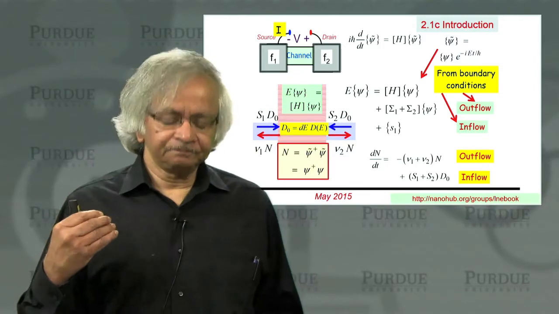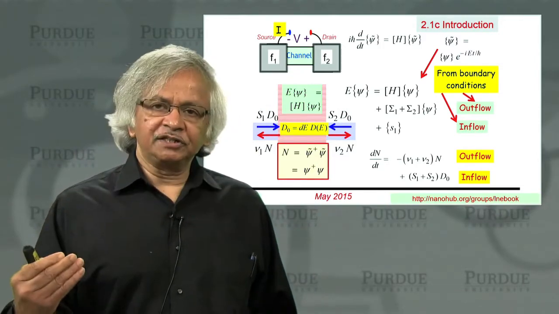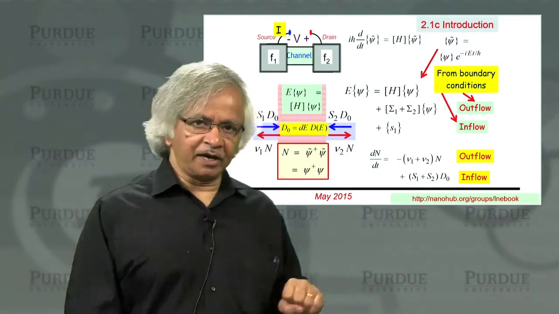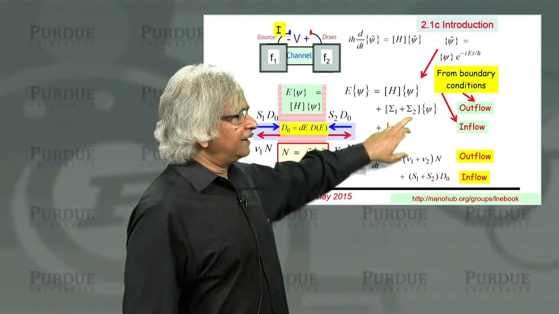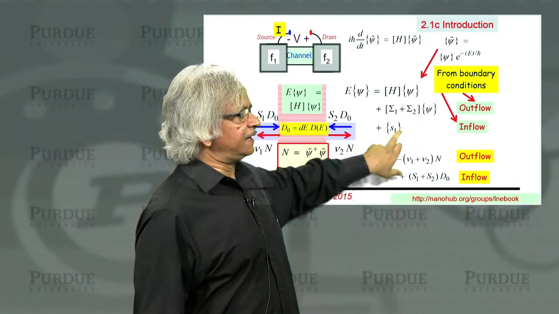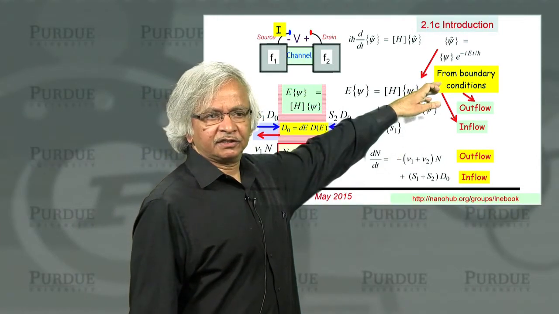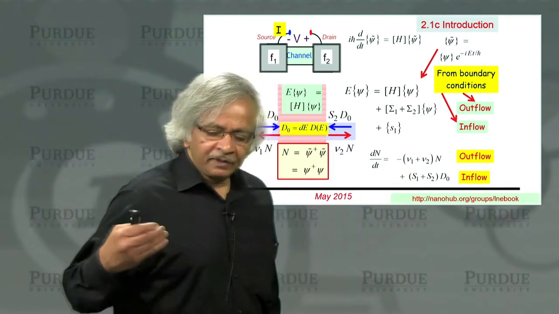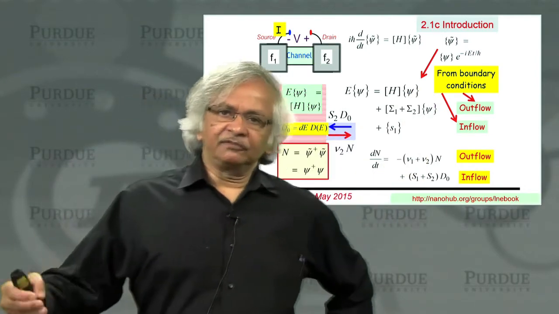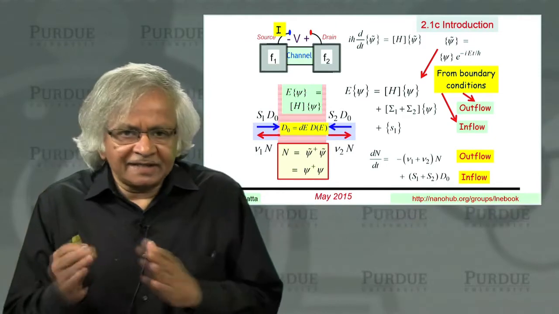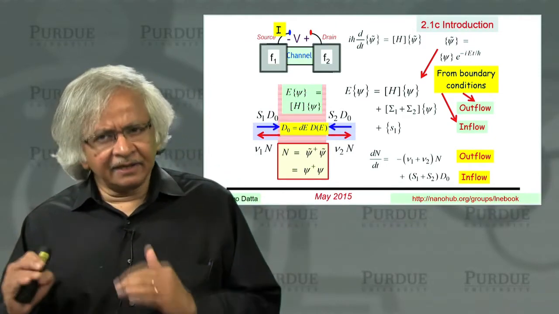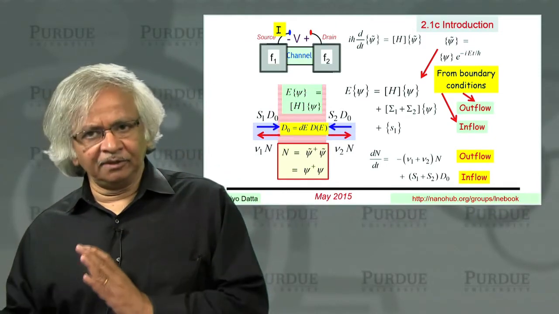In the first few lectures of this course, we'll derive the basic equations, but we won't talk about how you could get these sigmas and s's from the boundary conditions. That we will develop later using different examples, because how you exactly get the sigma and the s depends a little bit on the problem at hand.